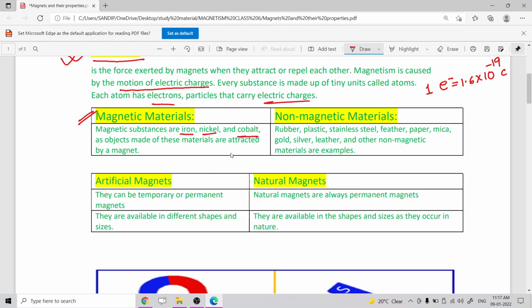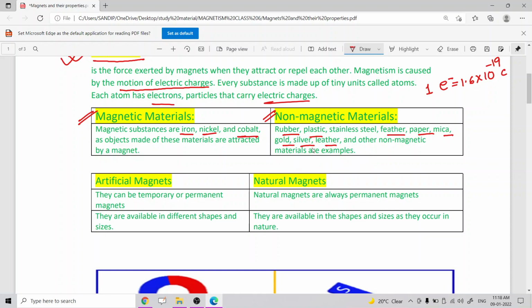What is non-magnetic material? These are the materials that are not attracted by a magnet, like rubber, plastics, feather, paper, gold, silver, leather, etc. These are examples of non-magnetic materials.